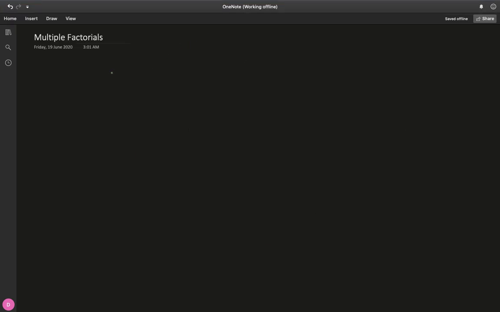Now for the multiple factorial, take a general case, say n multifactorial with, say, alpha skips. We write this with the right notation.